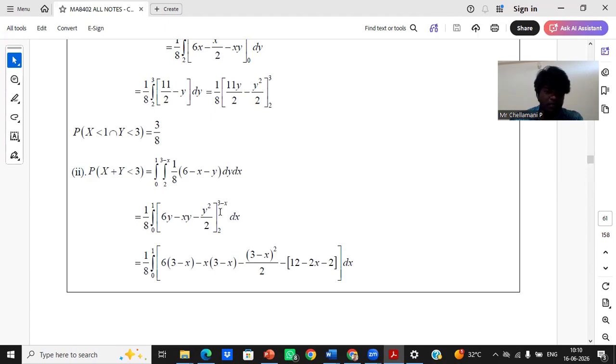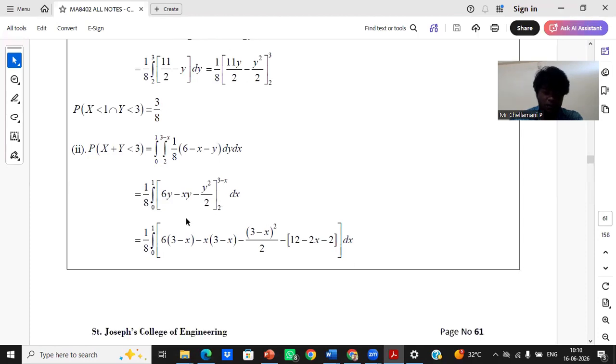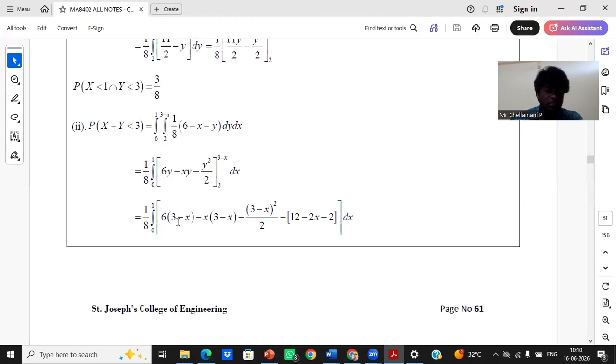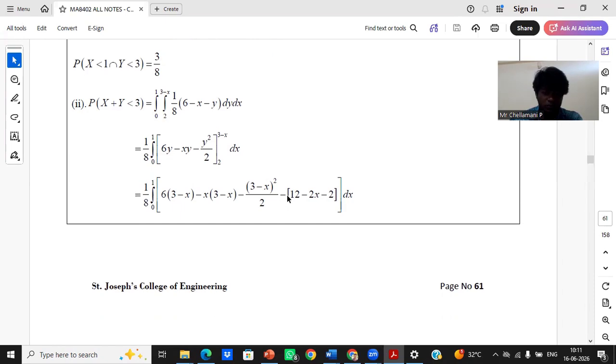Now substitute upper limit 3 minus x and lower limit 2. Then we will get 6 into 3 minus x minus x into 3 minus x minus 3 minus x squared by 2 minus the lower limit 2. Substituting 2 we get 12 minus 2x minus 2.